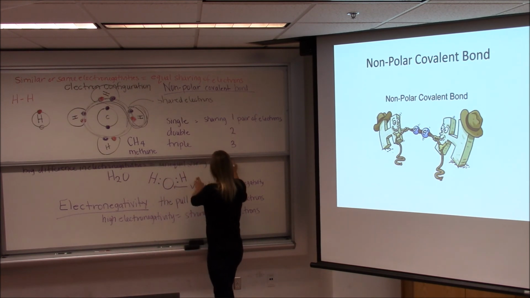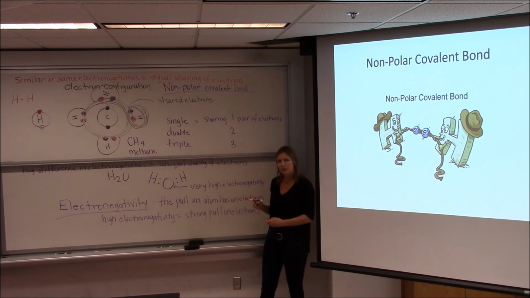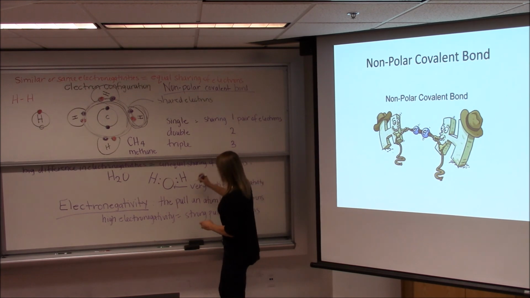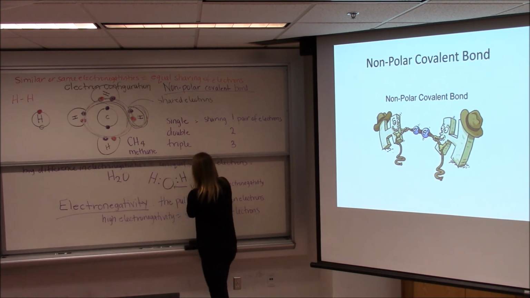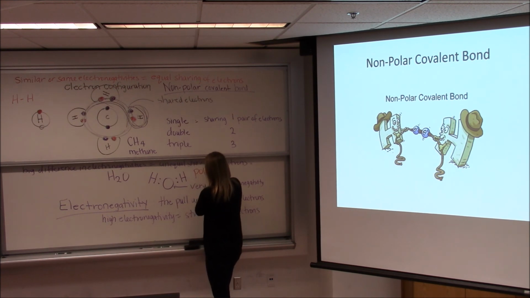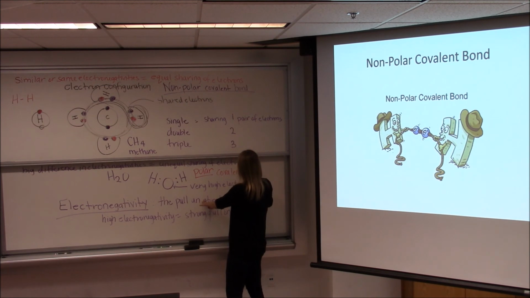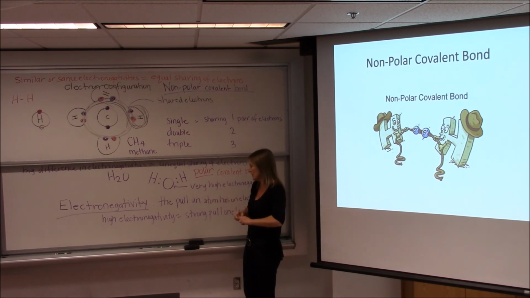Why is it unequal? Because one of those atoms has a much stronger pull on those shared electrons, not sharing equally. And that is called a polar covalent bond. Polar covalent bonds, polarity, unequal sharing.